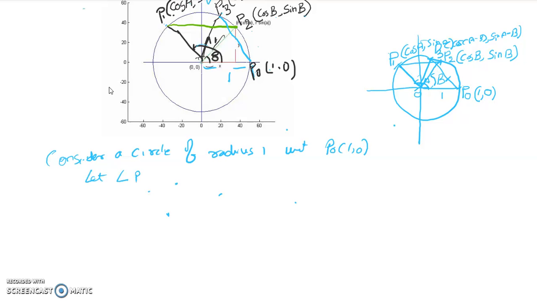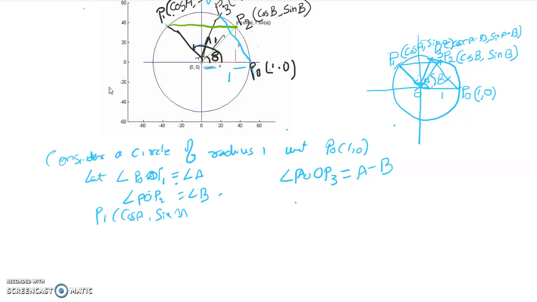Let angle P0 O P1 be equal to angle A, P0 O P2 be angle B, and P0 O P3 be A minus B. P1 has the coordinates cos A comma sin A. P2 has the coordinates cos B comma sin B, and P3 has the coordinates cos of A minus B, because A minus B is the circular angle for P3, comma, and the y coordinate is sine of A minus B.